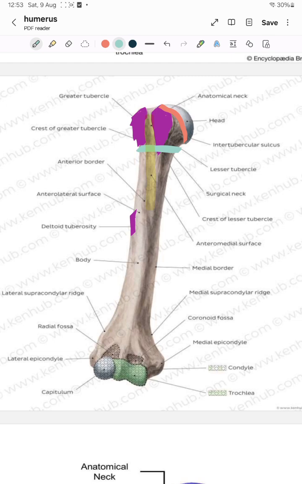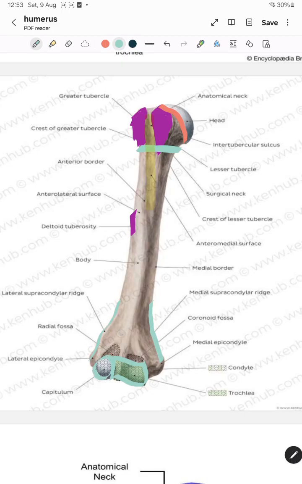Then we can see the supracondylar ridge on the lateral side and on the medial side also. Then on the medial side we have the trochlea, and we have the capitulum on the lateral side.